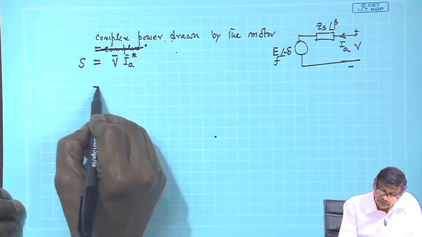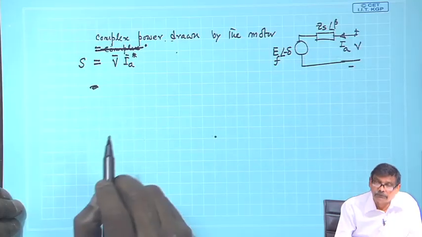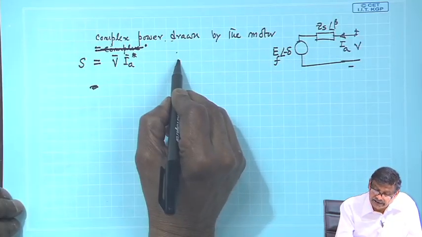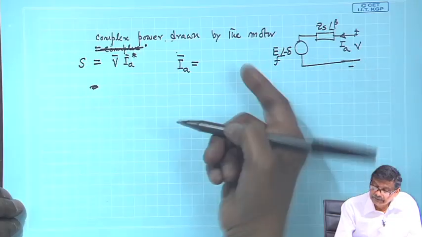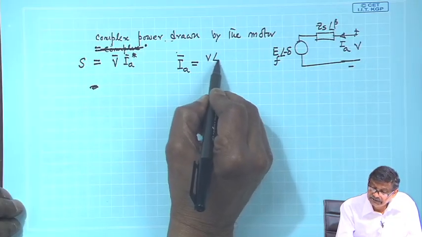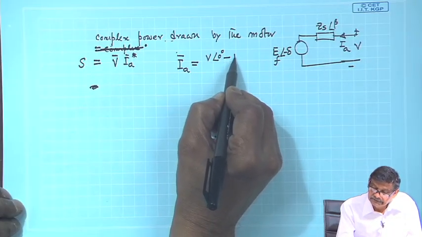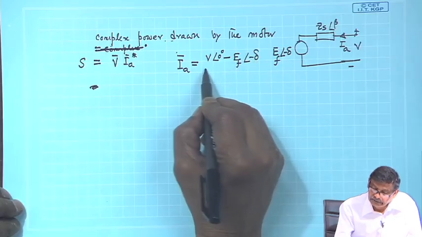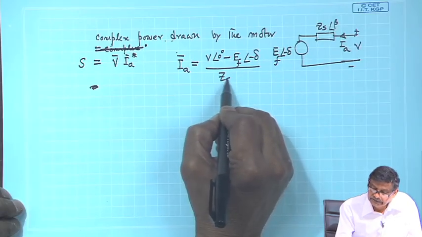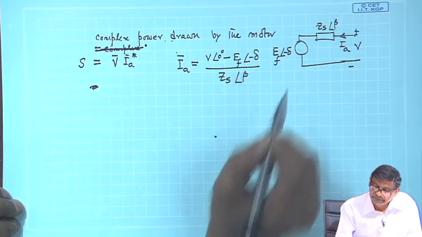Now, once again I have to calculate I A star. So, first I calculate I A. This time I A is (V angle 0 degree minus EF angle minus delta) by Z s angle beta.